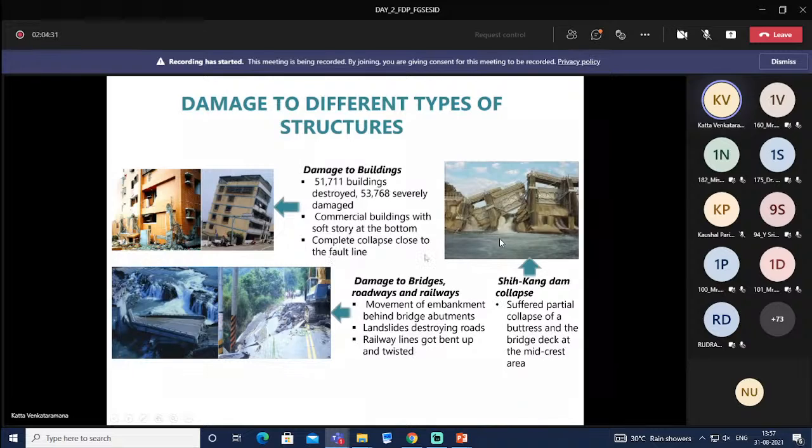This is failure of a dam, which suffered partial collapse of a buttress and a breach at the mid crest area. Here, damage to bridges, roads, railway lines, and so on. Movement of embankment behind bridge abutments, landslides destroying roads, railway lines got bent and twisted.